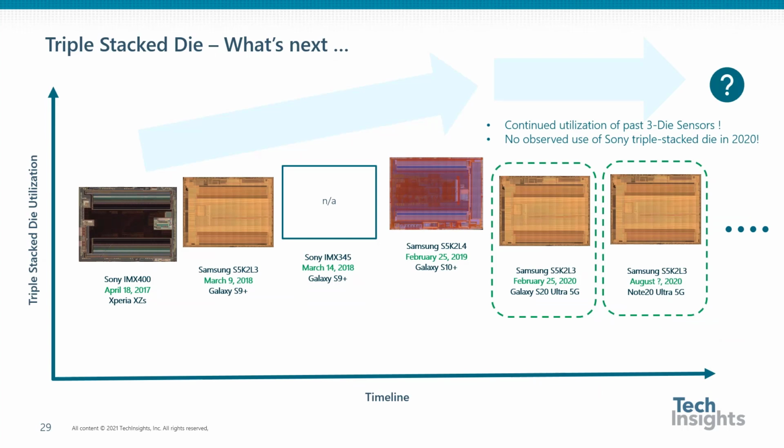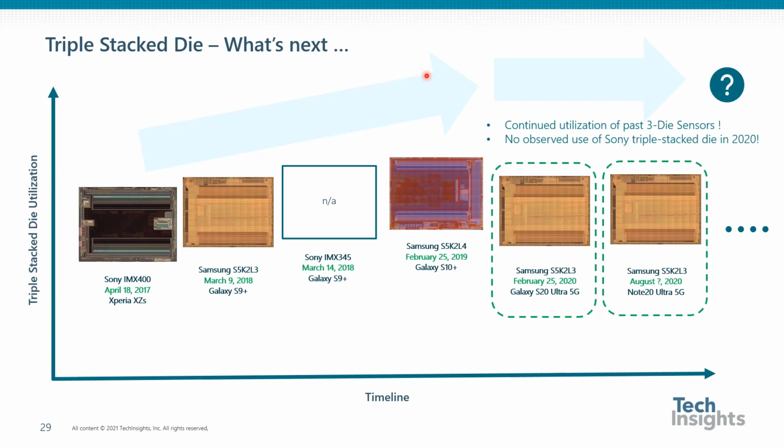We note that because we have not observed any new use of triple stack die. In fact, what we have observed recently is the continued use of Samsung's 2L3 in the flagship phones. So in this timeline, essentially, we are highlighting what's next for the triple stack die.